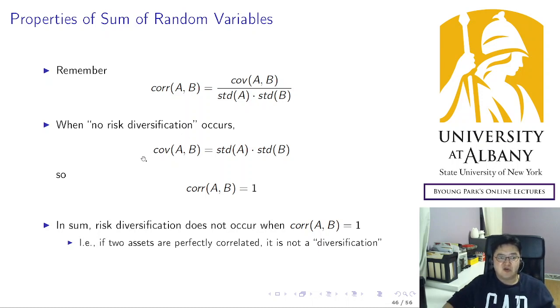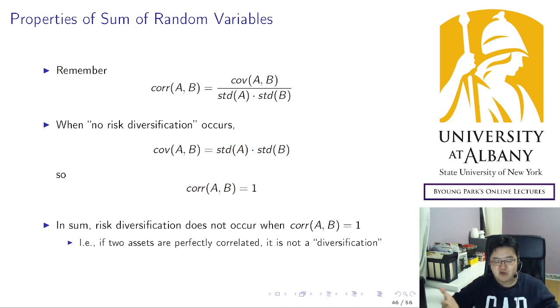When the earlier no risk diversification happens, covariance equals the standard deviations multiplied, and then automatically the correlation equals 1 because covariance equals the denominator, right? Therefore, it shows that risk diversification does not occur when correlation coefficient equals 1.